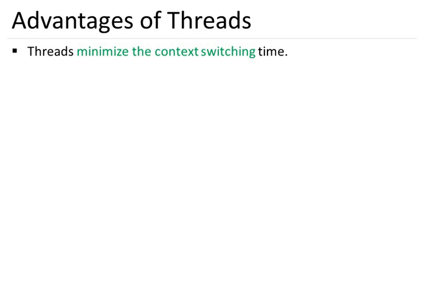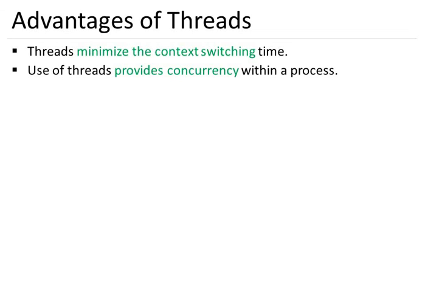If you have seen the video on context switching, or process switching, you can see a major portion was spent in switching time, in which the CPU is idle. But whenever we are executing multiple threads and there is a requirement of thread switching, this switching time is very minimal compared to process switching.